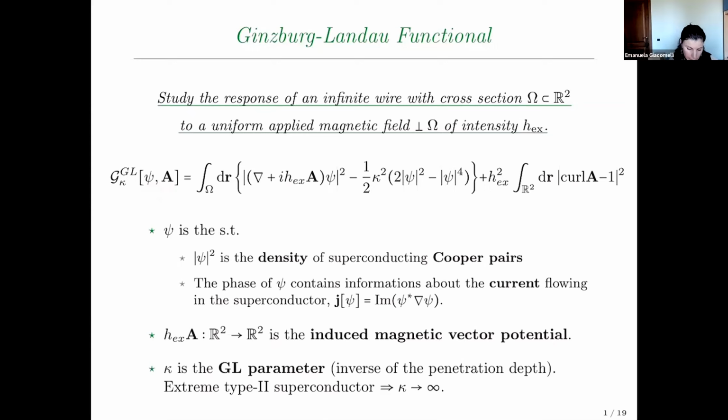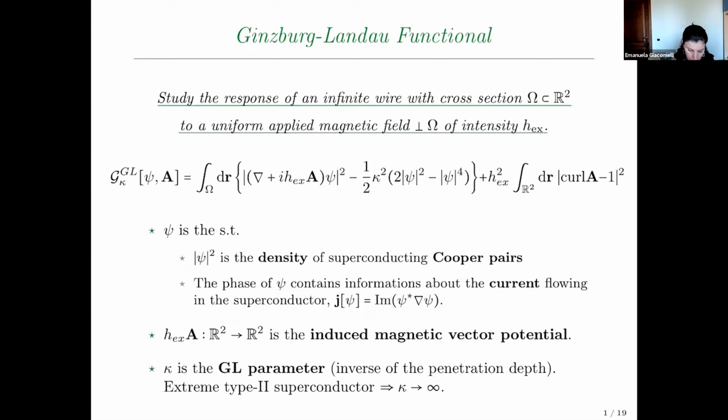In particular, if you look at the modulus square of psi, this tells you the density of the superconducting Cooper pairs, which are pairs of electrons responsible for the superconducting properties. Instead, the phase of psi contains information about the current which flows in the superconductor, which is given by this quantity here.